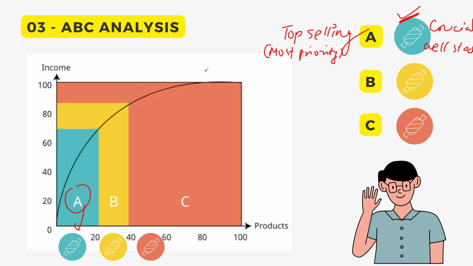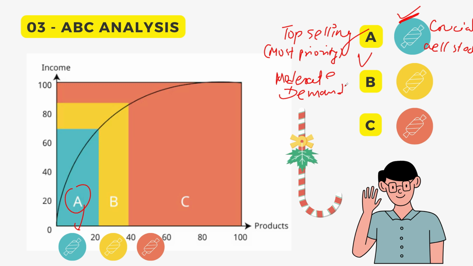Now category B toffees are important but not as crucial as compared to category A. They have moderate demand. They are popular during specific times of the year, such as Christmas canes that see a spike in sales around Christmas only.